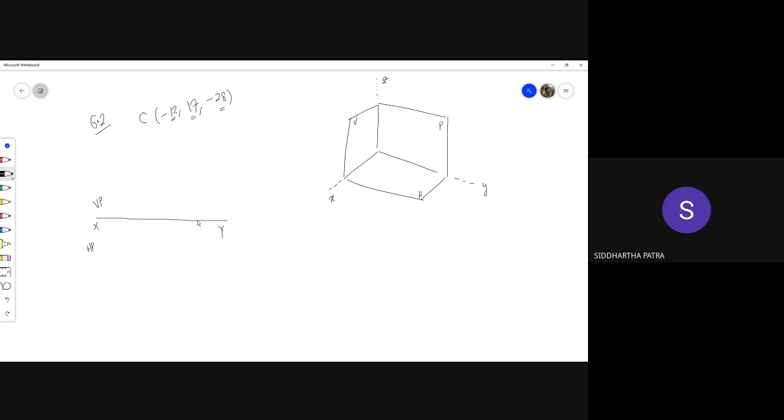So 17 is this much in front of the vertical plane, so on the horizontal plane, that would be 17. So this is the horizontal projection, C double prime.